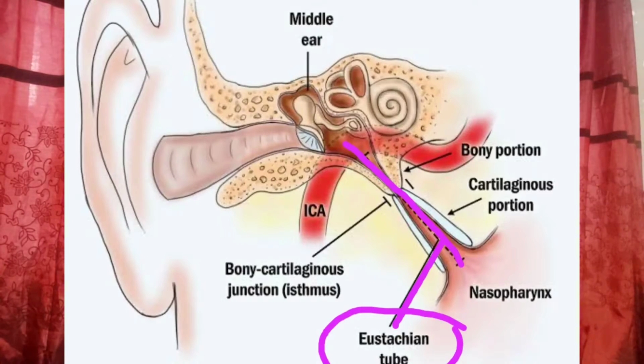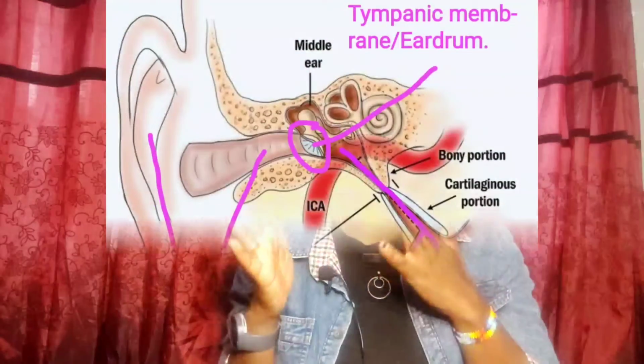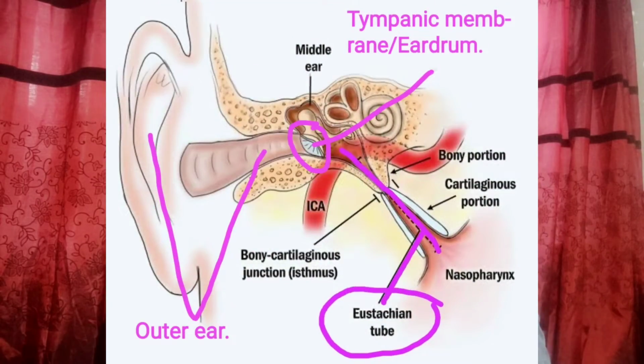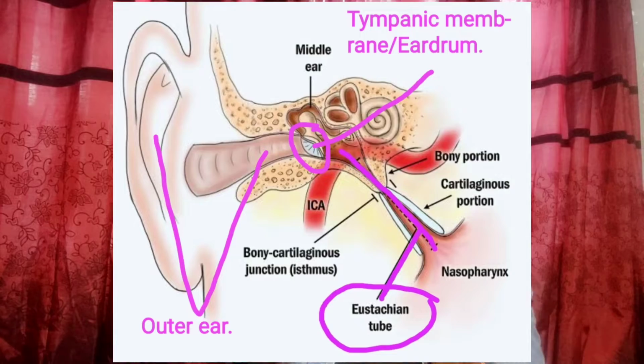So the eustachian tube that I've mentioned, its function basically is to equalize the atmospheric pressure with the inside of the middle ear, between the middle ear and the outer ear. The outer ear and the middle ear are separated by a tympanic membrane, which is usually called the eardrum, okay?